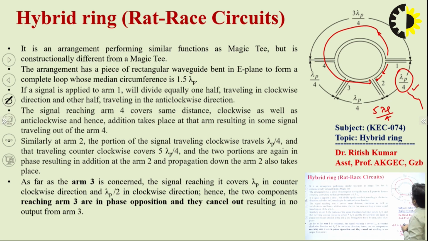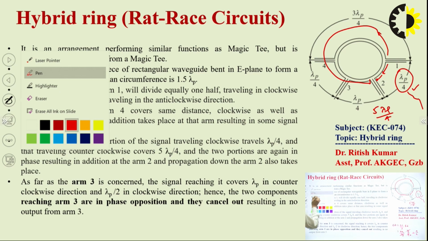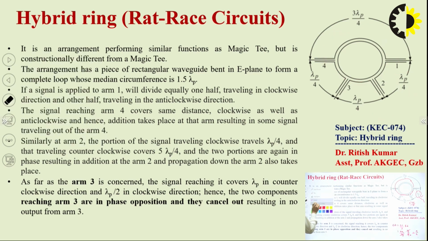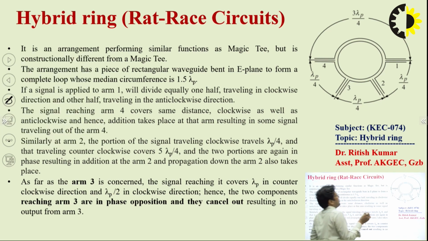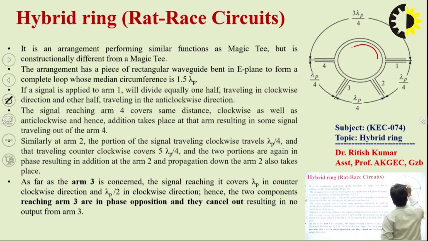What will happen if we consider port number 4? Again, for port number 4, we will have two paths. The first path will be this one, and the second path will be this one.